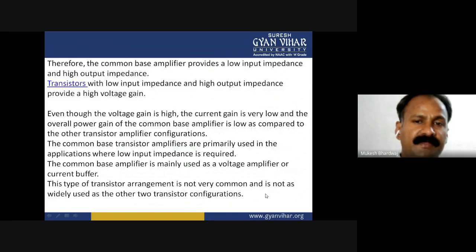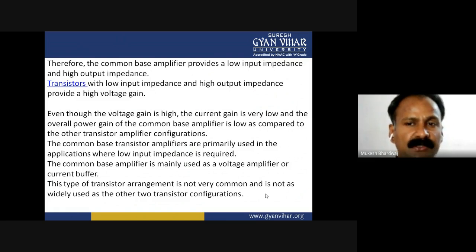Therefore, the common base amplifier provides a low input impedance and high output impedance. So, this is the characteristic of a common base configuration, that it provides low input impedance and high output impedance. A transistor with low input impedance and high output impedance provides a high voltage gain.